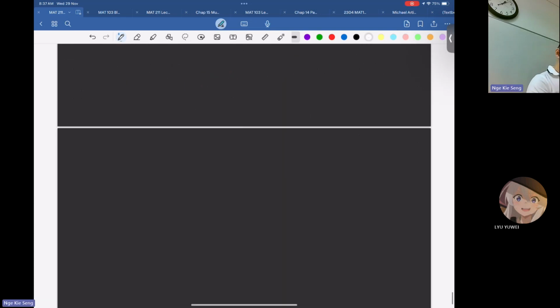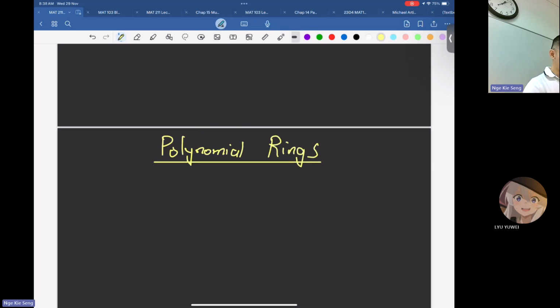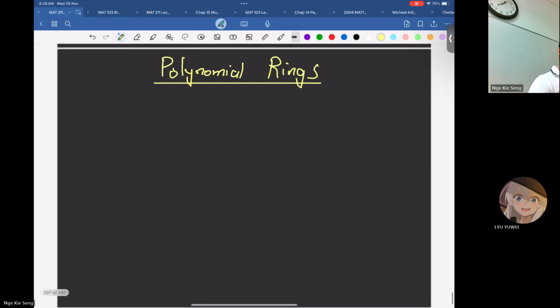Okay, so let's go into introducing the polynomial ring. We need to do this a bit precisely because we will do a lot of operations on this polynomial ring. So, definition. We need to start by defining what a polynomial is.